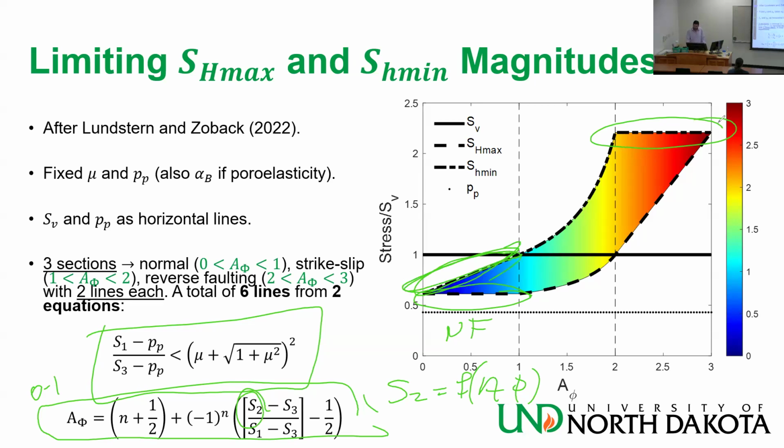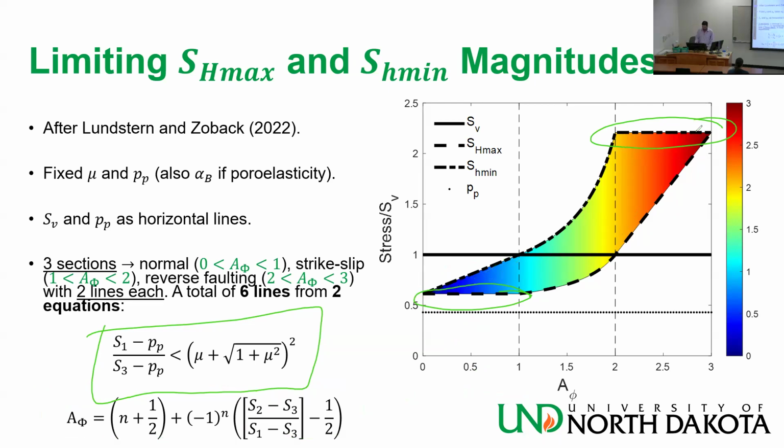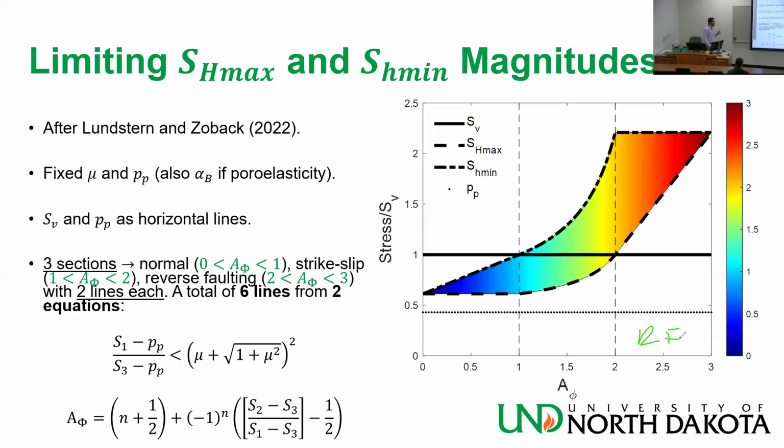Then you come here. And again, you use the same equation, but you use basically for reverse faulting, we said SV is S3, SH mean is S2, SH max is S1.